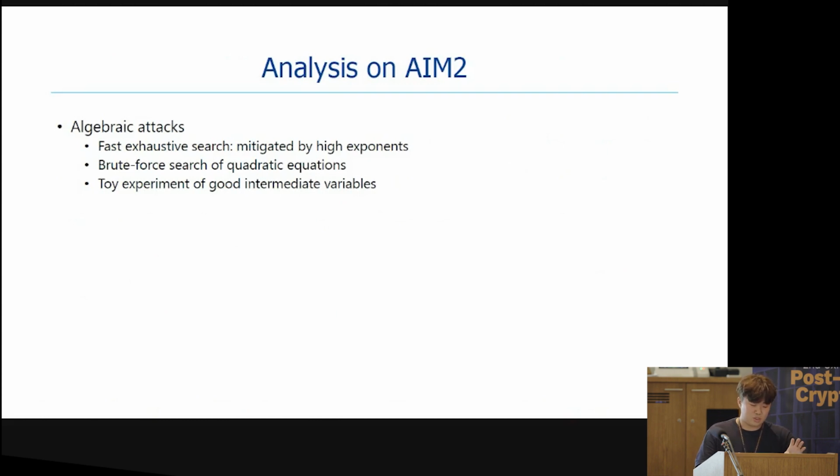We do some algebraic attacks, including fast exhaustive search, and brute force search of quadratic equations, because more quadratic equations make easier systems to solve. And we try to find some good intermediate variables.